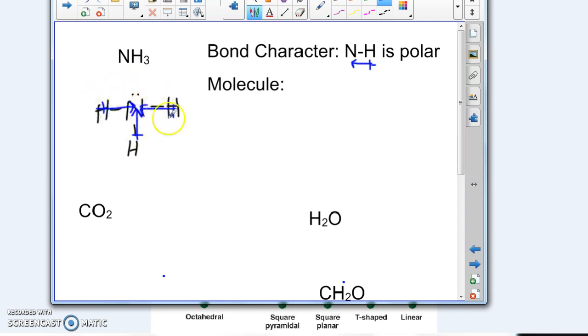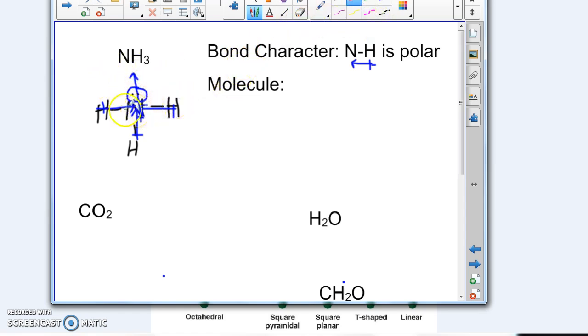Overall, it looks like this could be a polar or a nonpolar molecule, but an important thing to note is that a lone pair of electrons is a lot more electronegative than the nitrogen itself. So we're going to make an arrow upwards towards the electrons, with the bottom being on the nitrogen, because electrons are more electronegative than the nitrogen atom.